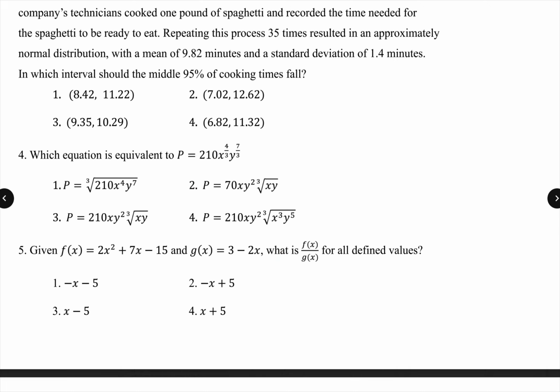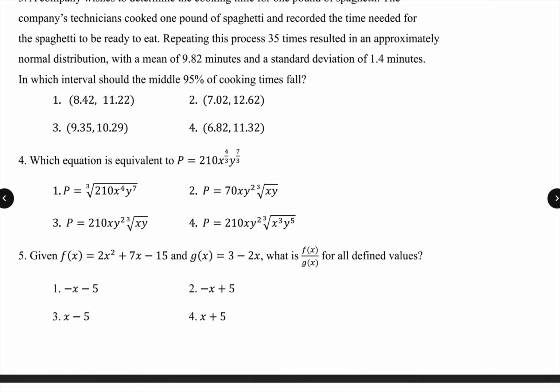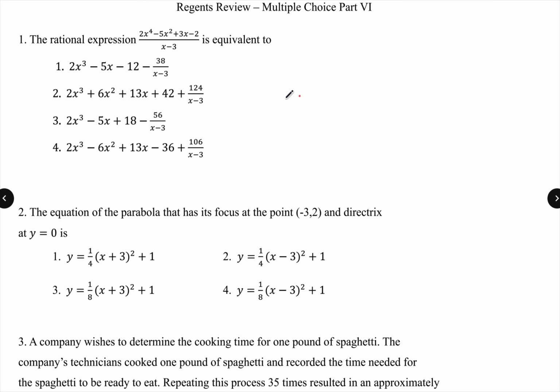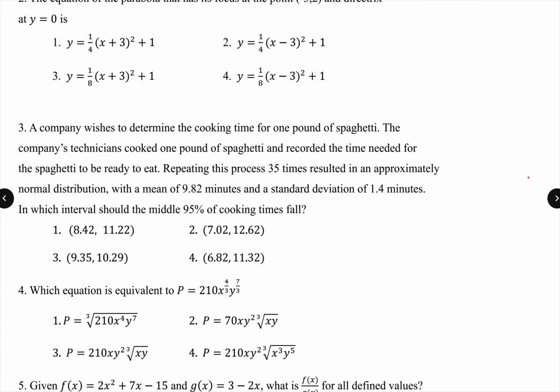Number 5. Number 5 is, I guess it's kind of tricky just because we're looking at this little piece. You're given the 2 functions. What is f of x over g of x for all defined values? Now this one, if I'm thinking back to number 1, I got all these remainders, so I would do the synthetic division.